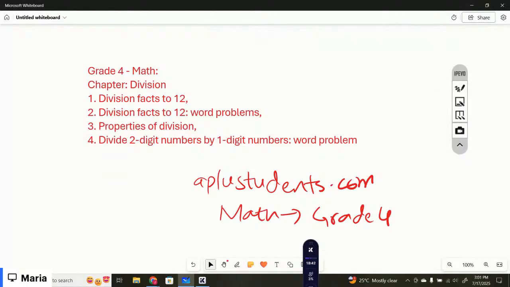The lessons we're going to cover today are division facts to 12, division facts to 12 word problems, properties of division, divide two-digit numbers by one-digit number word problem. So please make sure you have your notebook and pencil so that you can note down the important examples and definitions as well.